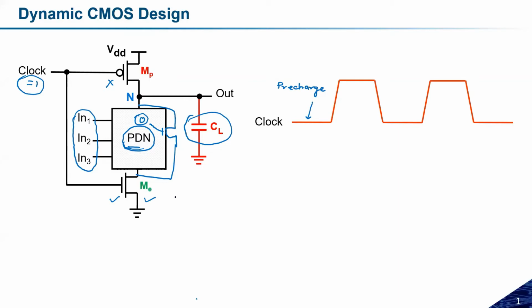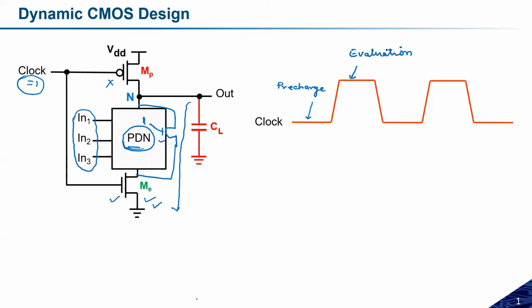But if the input is equal to 1, now we have the complete path between the dynamic node and the ground, because this transistor is also on, so this capacitor will be discharged. So the function will be evaluated if clock is equal to 1. We call this phase the evaluation phase.